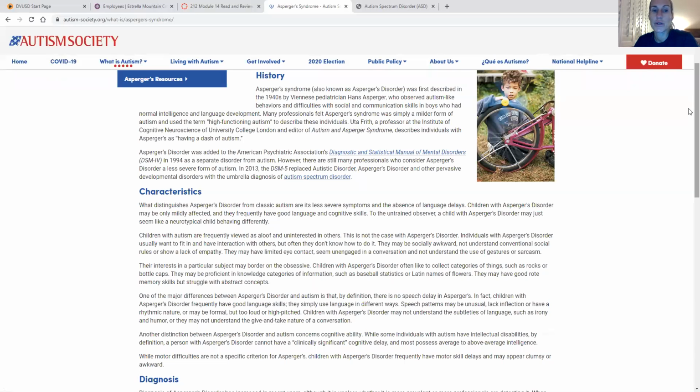So they took Asperger's out. Before, it was considered a high functioning autism, a separate disorder from autism, but definitely what we've seen is they've just increased the umbrella. So we used to have autistic disorder, pervasive developmental disorder, and then Asperger's.